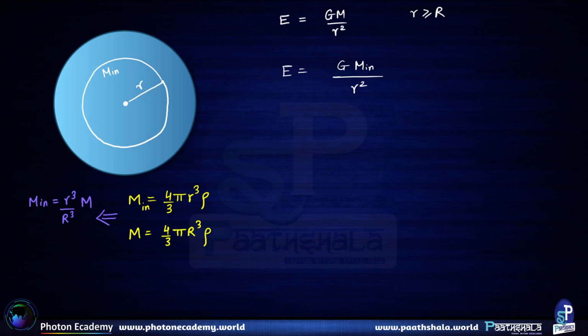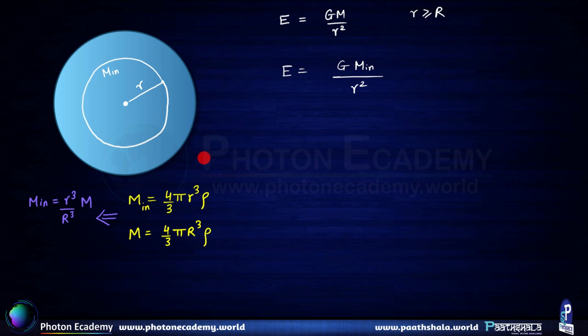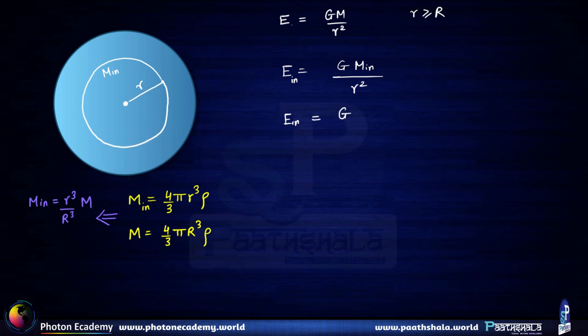So if we substitute this in the aforementioned equation, we are going to get E inside equal to G times r cube M upon capital R cube, whole divided by r square.